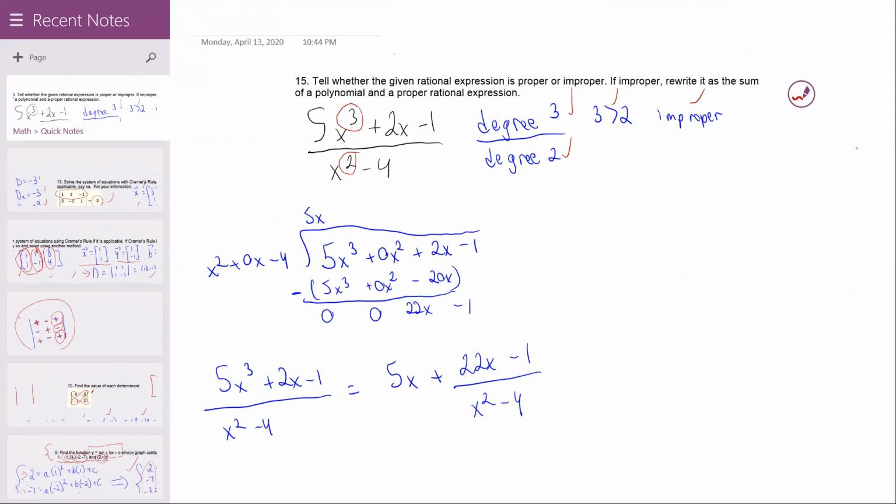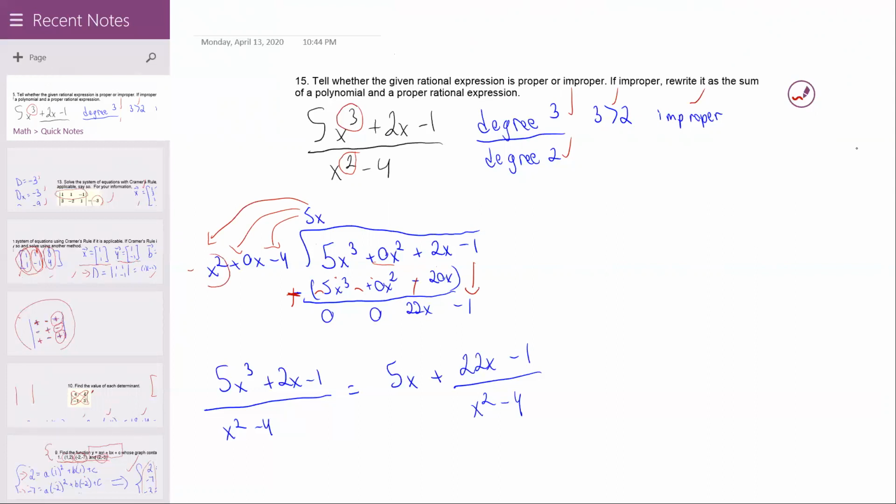we use long division. So don't forget your placeholders, and we divide 5x to the third plus 2x minus 1 by x squared minus 4, and x squared times 5x is 5x cubed, so then you multiply by everything again, and you get 5x cubed plus 0x squared minus 20x, and you're subtracting all of it, which means the same as switching all of the signs, which means you're adding, and then you go 0, 0, and then this is 22x, and then you pull down the 1.